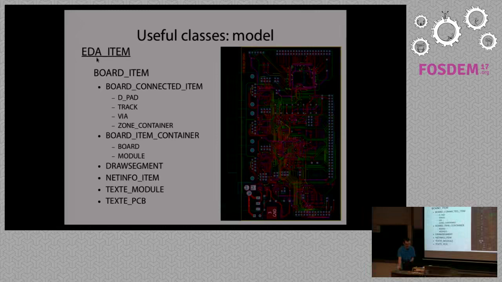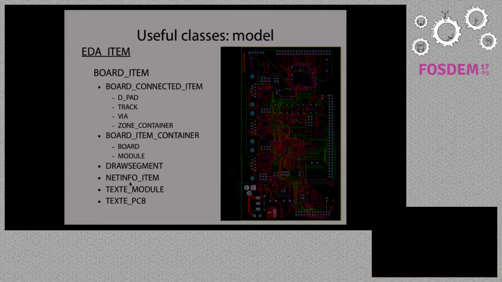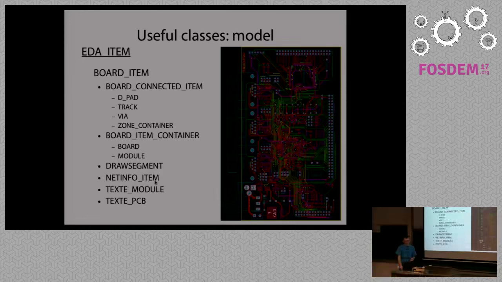There's the base class board item, and then, well, most of the classes are, I think, self-explanatory. You have paths, tracks, vias, zones. Well, maybe net info item is not a clear thing, but it's a data structure that holds information about nets. So you can check their name or net code. Probably you will also need that at certain point.